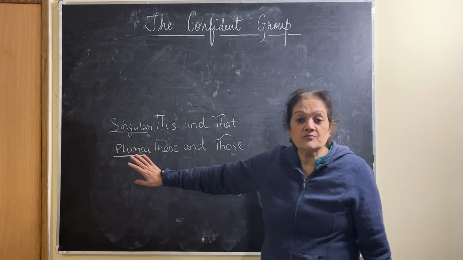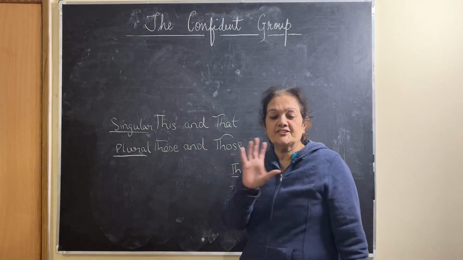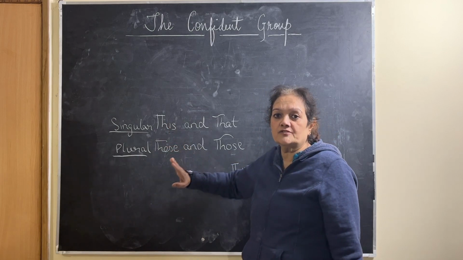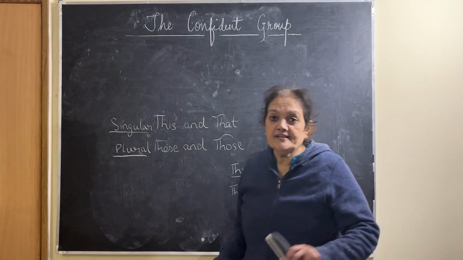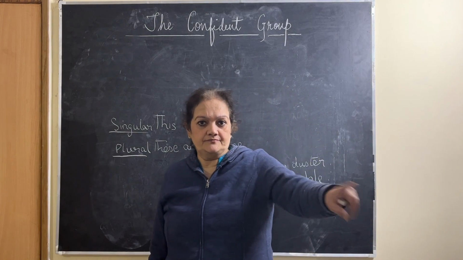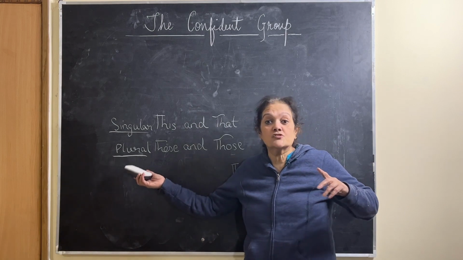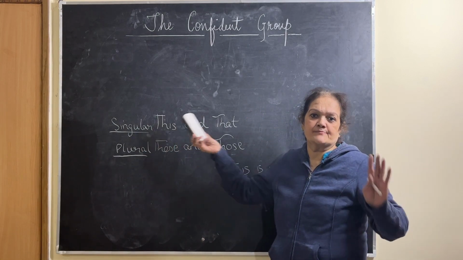You must have done ekvachan and bahuvachan in Hindi. Same way, when there is one thing, we use this, and when there are many things, we use these. Like, these are my books. Books is plural, so we use these. And singular, this. This is my book.